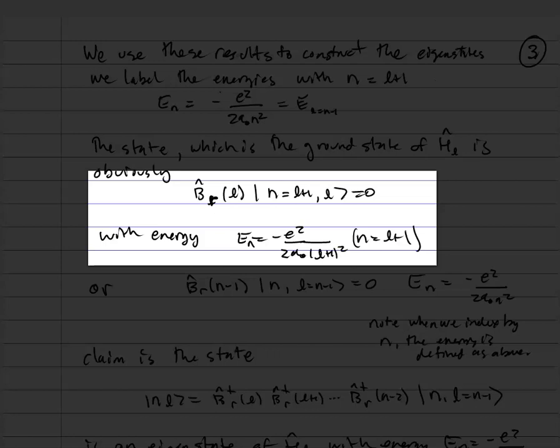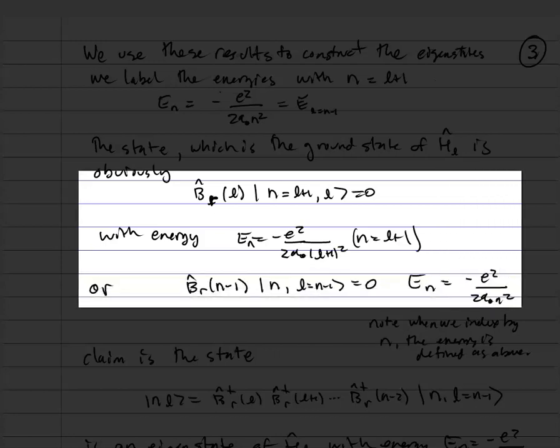So we can write it in two different ways. If we want to use the n index rather than the L index, we can write it as B_R of n minus 1 multiplying the state n, L equals n minus 1 is equal to 0. And then E_n is minus e squared over 2a0 n squared.